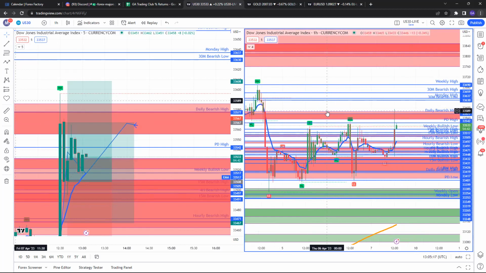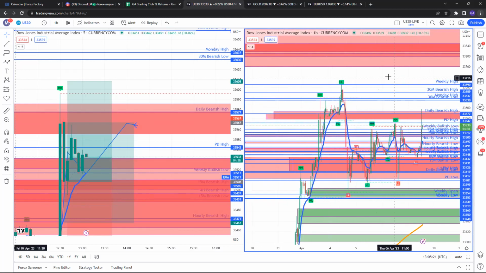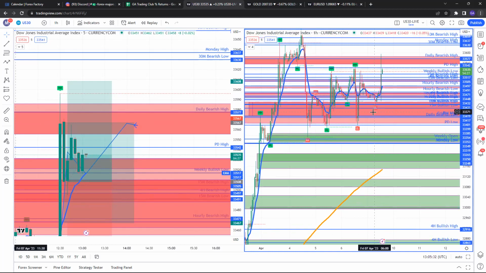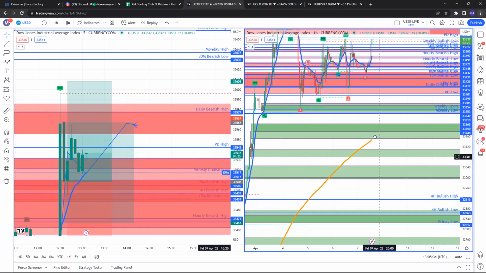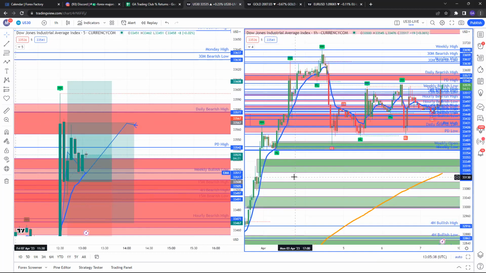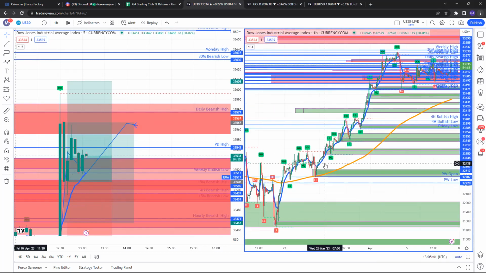Weekly bullish low. So if we do come up here, we can create that double top on the hourly, right? So price can come around the 33,680 area, 33,660, create a double top, and then spike down or move down to complete this hourly structure, right?